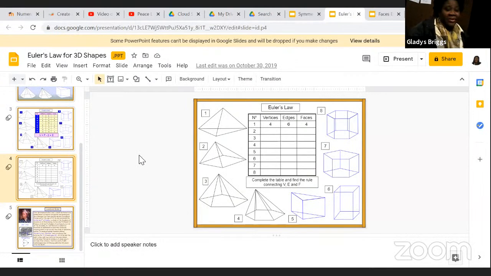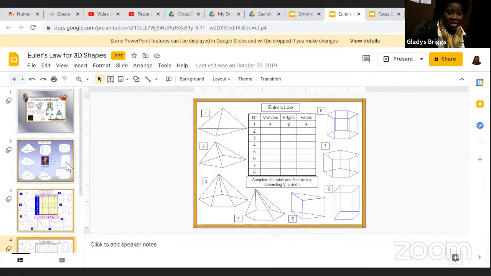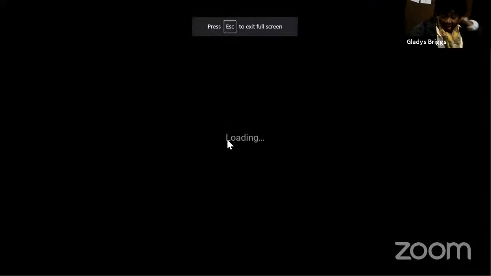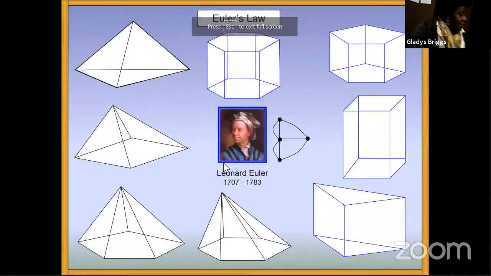Okay, so let's have a look at Euler's work, about a mathematician known as Euler. There he is, Leonhard Euler, one of the greatest mathematicians that ever lived.